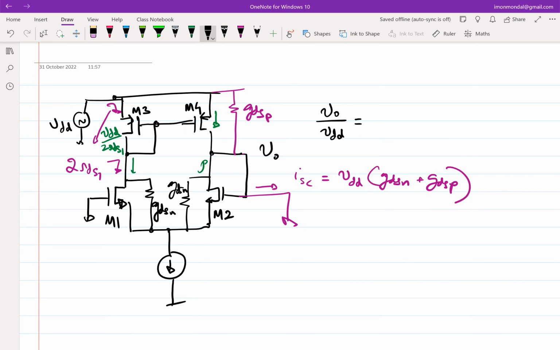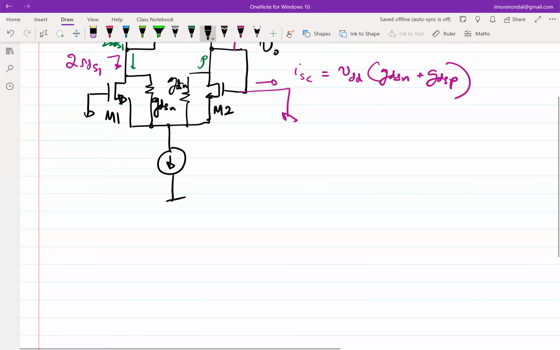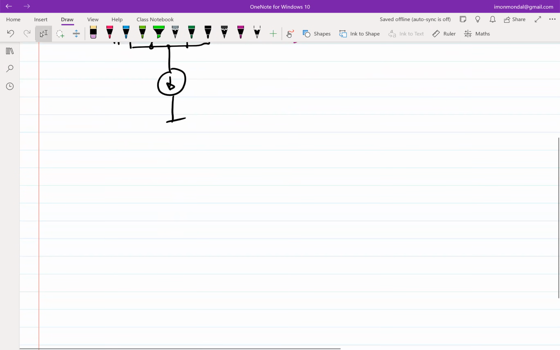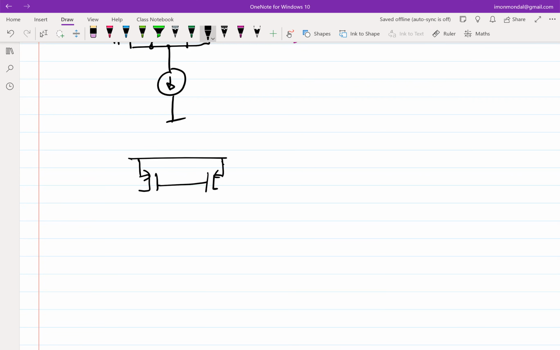But in this case, what will be your R out? What will be the R out here? Let me sketch it again. Talking about incremental, we can get rid of the current sources and all.